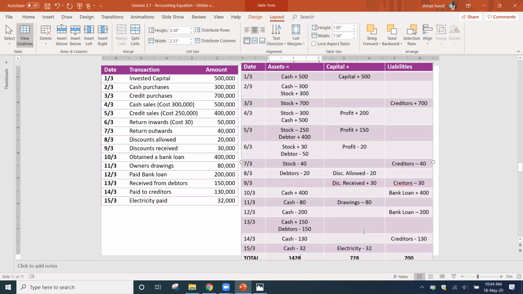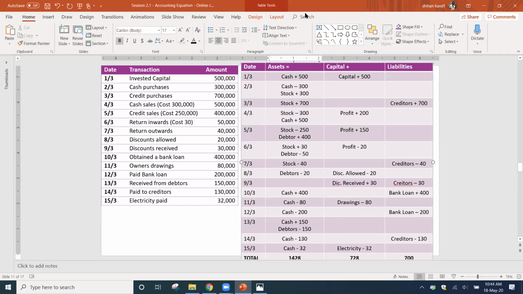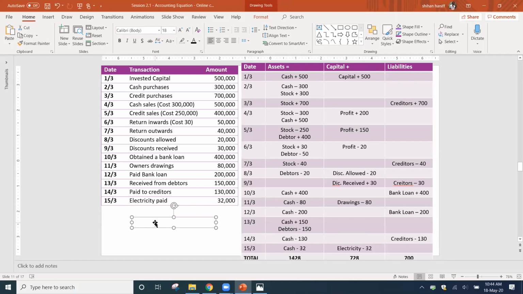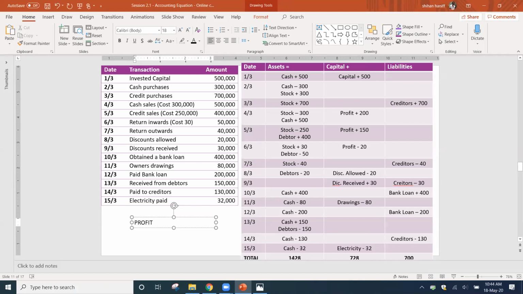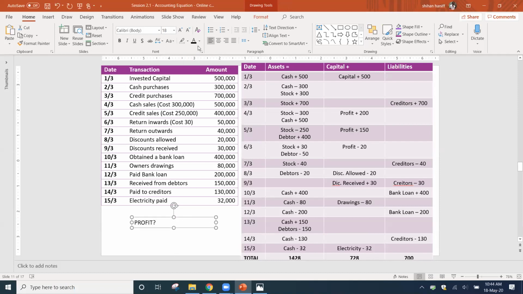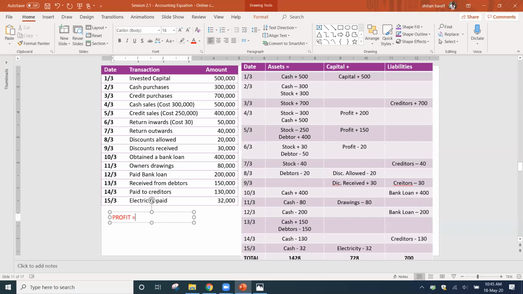That is the profit. So it's easy if you take the net asset calculation.